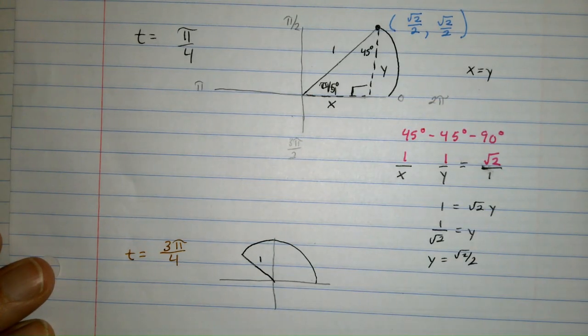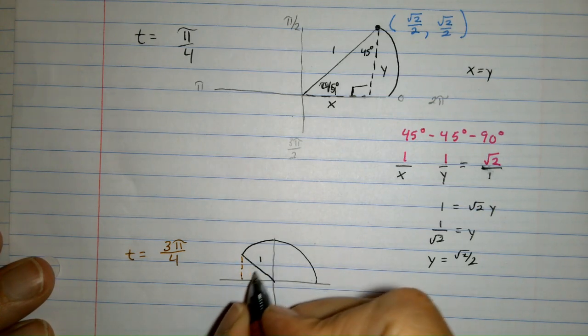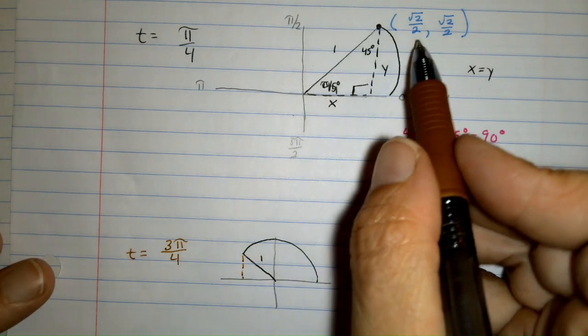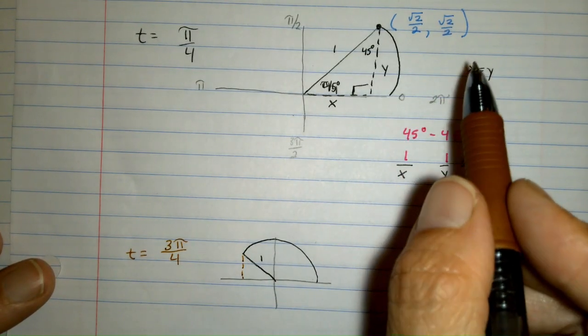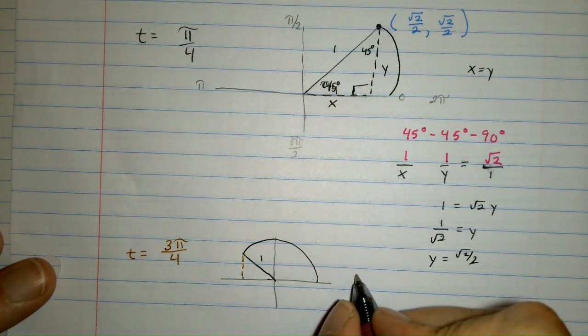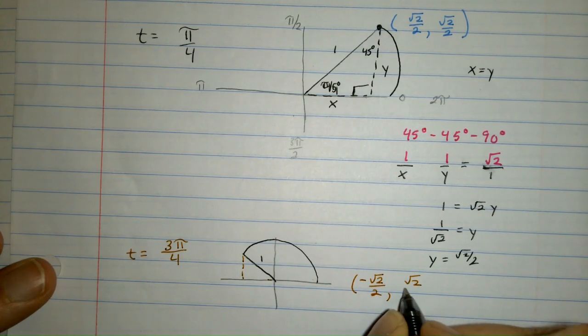Radius is still 1. This still split the 90 degrees into a 45, 45, 90, so it's going to have the same leg lengths as this. Except now we go left and up. So left root 2 over 2, up root 2 over 2.